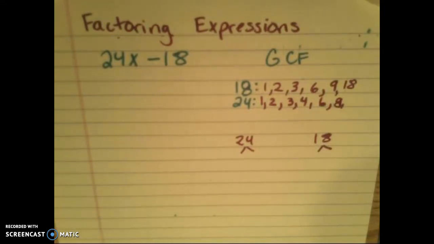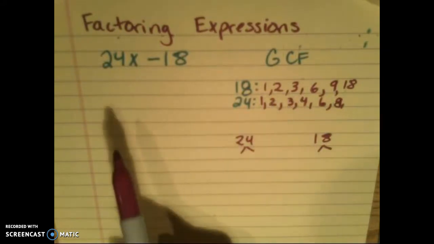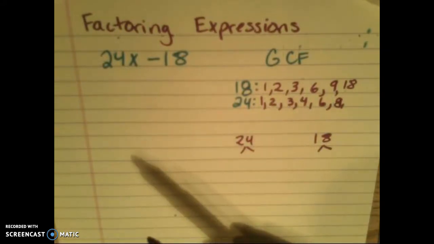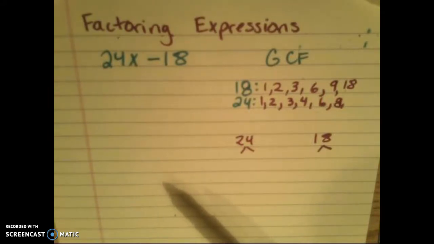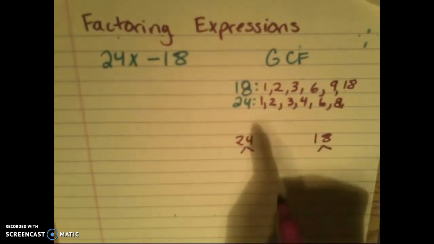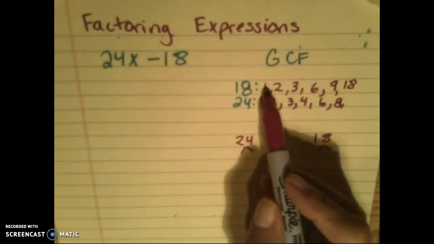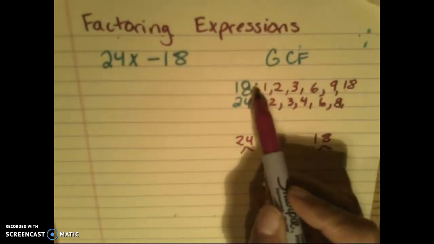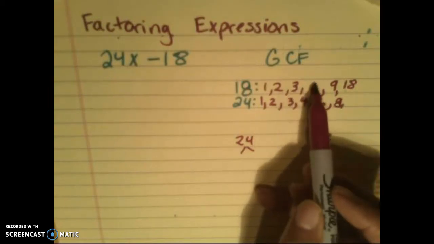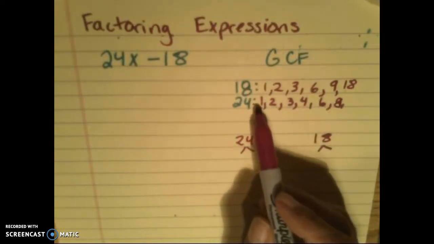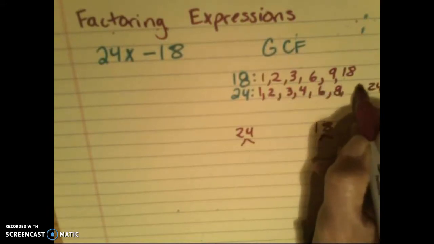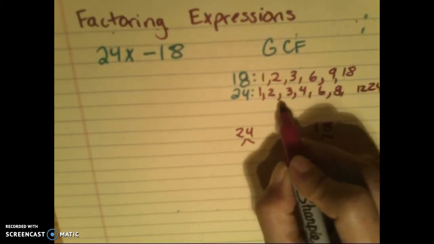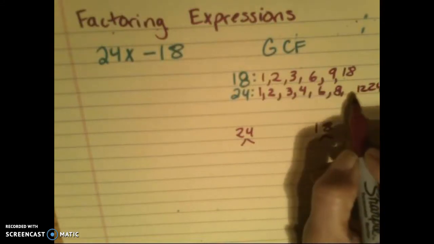The first step is to find the greatest common factor of both of your terms. Some of us can do this with mental math, but if you're not sure, the best way is to list the factors like I did here. For 18, for example, 1 and 18, 2 times 9, 3 times 6. And for 24, it would be 1 and 24, 2 and 12, 3 times 8, 4 times 6, and so forth.